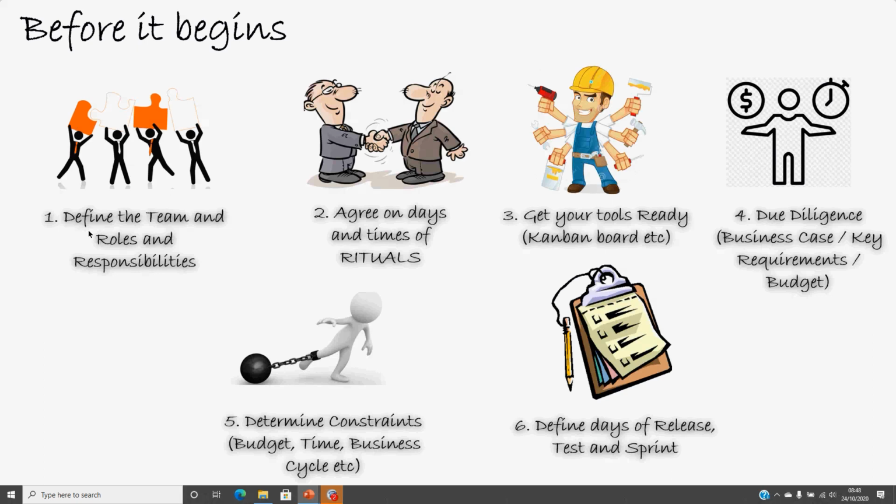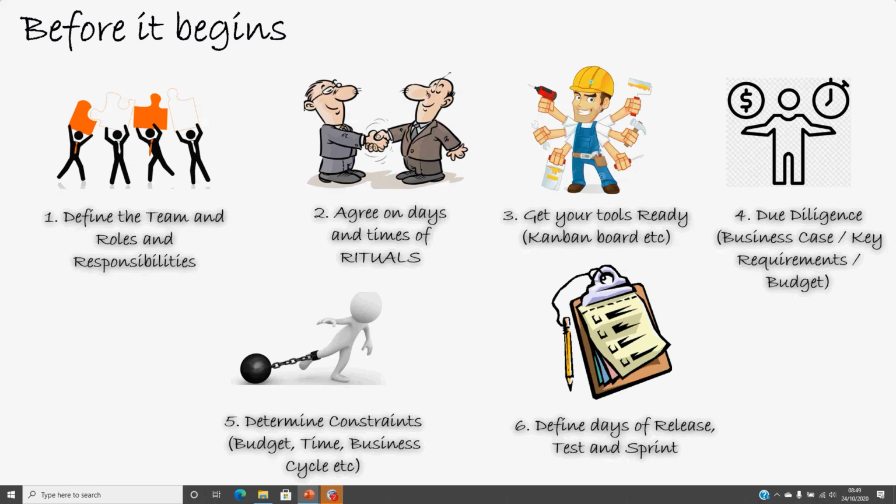The next step is to agree upon the rituals, like on which dates are we going to have our rituals, like sprint planning, when the sprint planning meeting is going to happen, and then when a sprint is going to start, when a sprint is going to end, when are we going to have a sprint review meeting, and when are we going to have a sprint retrospective meeting. All these dates are decided, and you have your daily scrum or your daily stand-up.